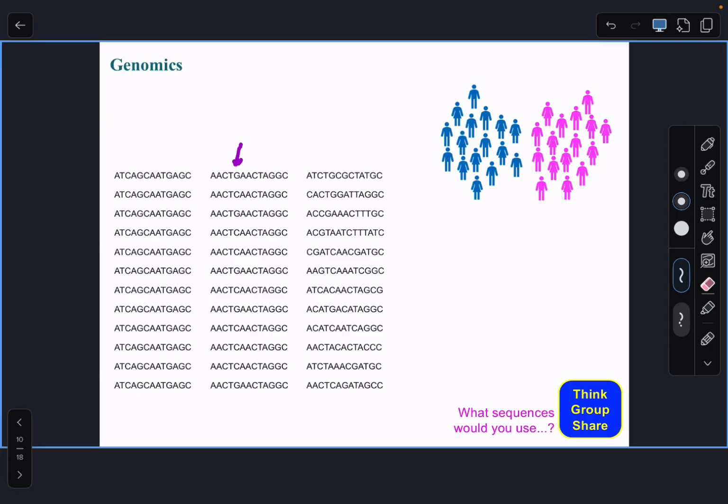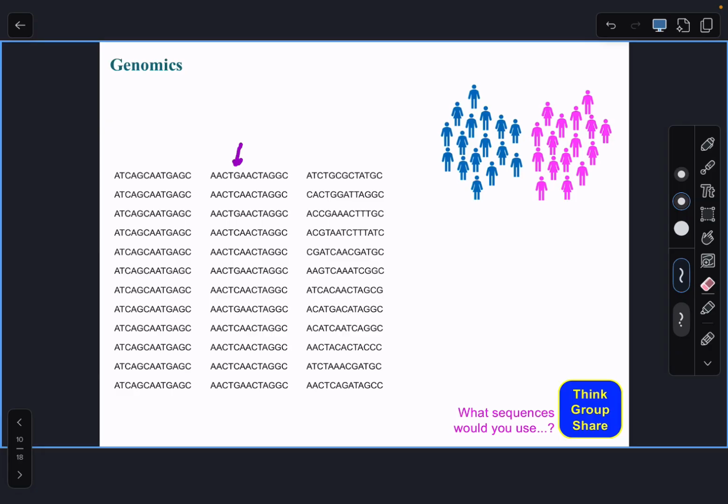So this idea of looking for regions of the genome that are almost identical except for one position gives rise to a concept that is used a lot in not only medical genetics, but also evolutionary biology, studies of ancestry, and forensics, and it's the concept of the single nucleotide polymorphism.